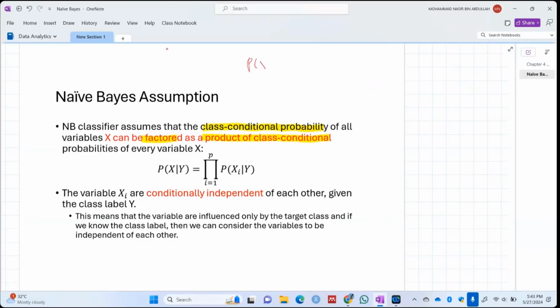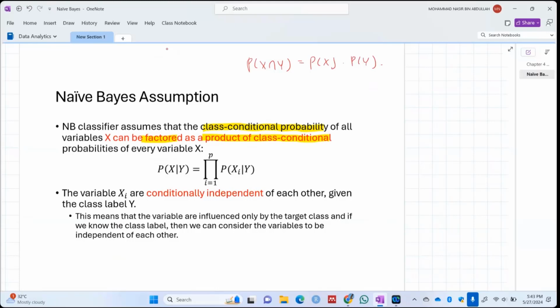Remember, probability of X intersect Y equals probability of X multiplied with probability of Y. Remember this term I introduced just now? This is where X and Y are independent, right? X and Y are not related, meaning independent.